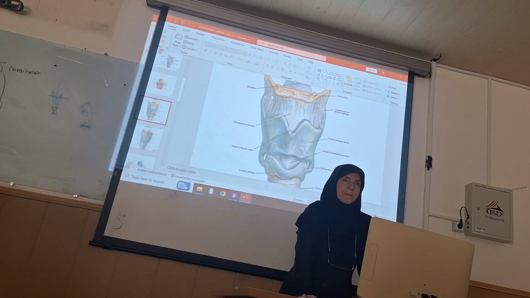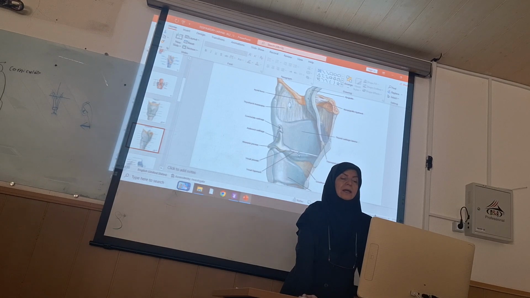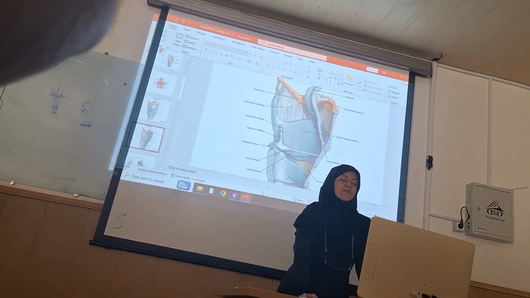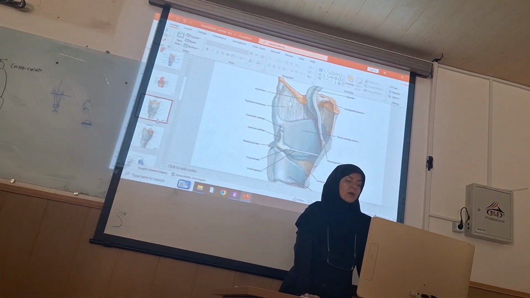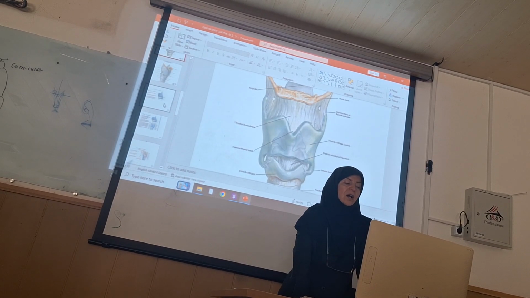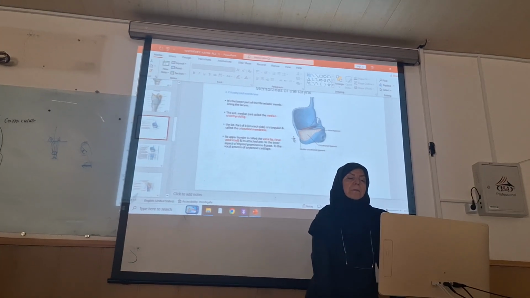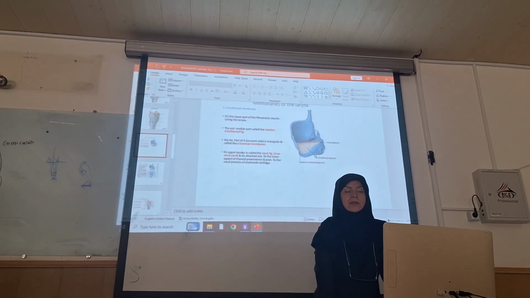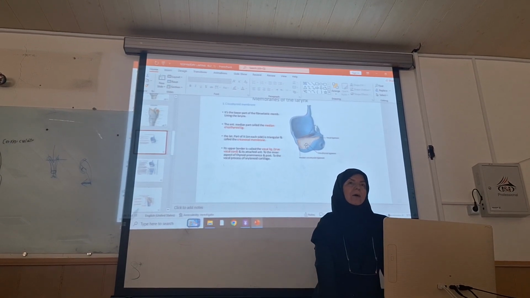If I make a surgical section from this picture, it is going to remind you that we can find some membrane, such as the cricothyroid membrane.